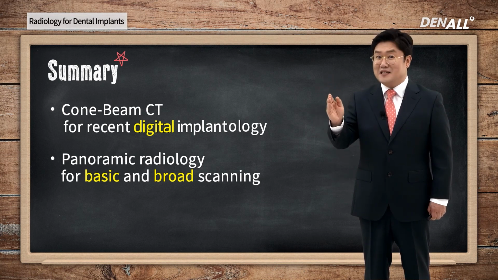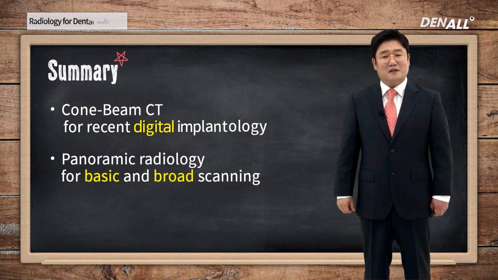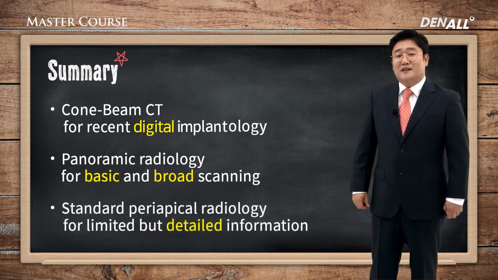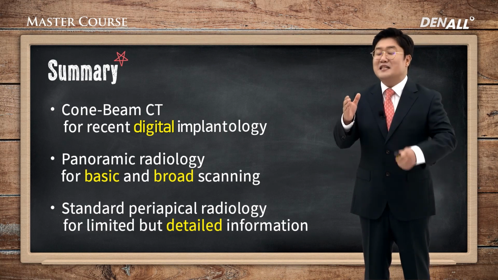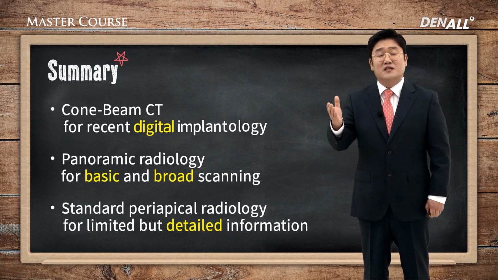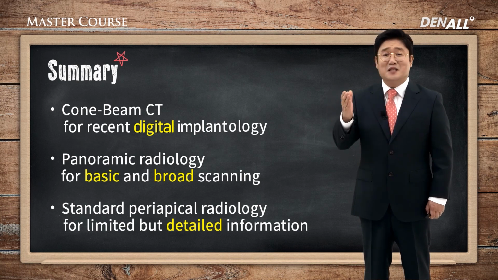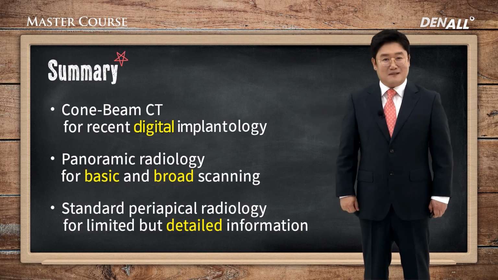After panorama pictures are taken, further X-ray procedures can be chosen. Standard periapical radiology has the disadvantage of limited coverage, but it gives detailed information. Therefore, in the age of digital CBCT, this is absolutely necessary.